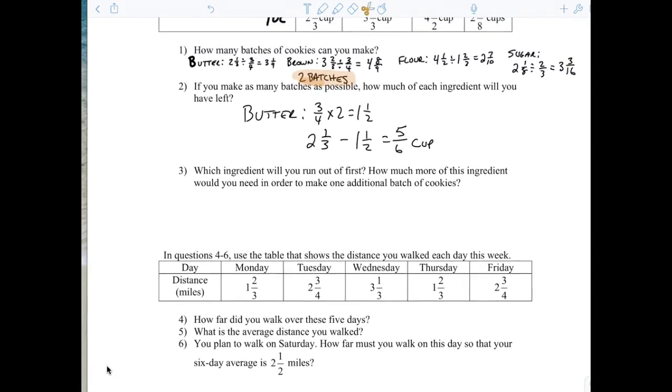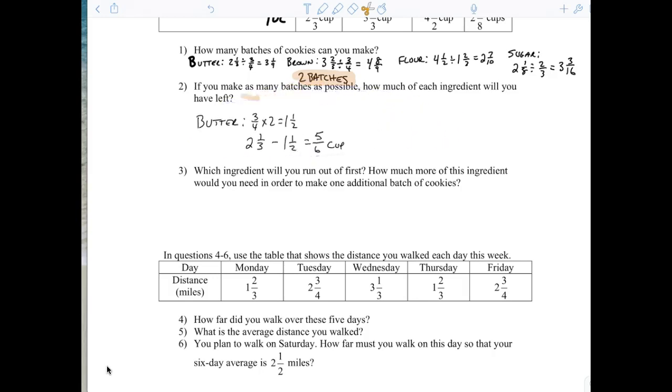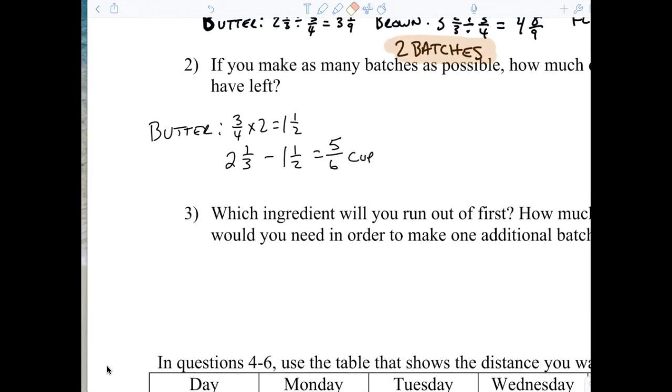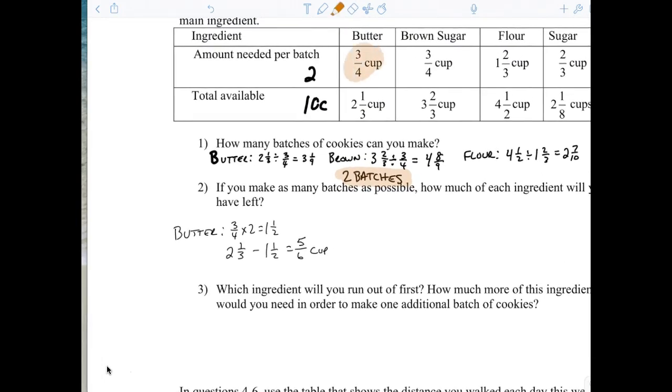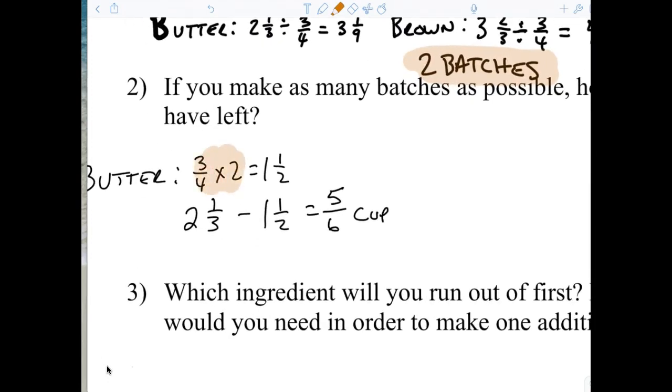All right. So now I'm going to circle it and move it over a little bit. All right. So now I'm listening. How'd you get that? Okay. So do you know I'm making 2 batches, correct? Yes. So each batch requires 3/4 of a cup. Do you understand that? So if I multiply 2 times 3/4, that'll tell me how much butter I'm going to use. So I have 1 1/2 cups I'm using.